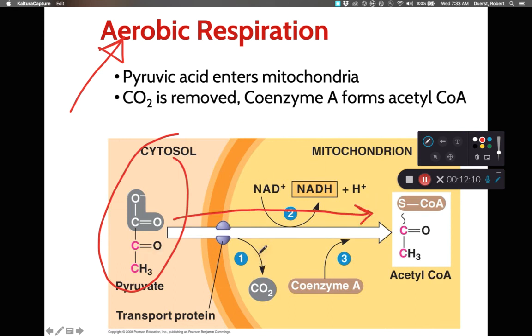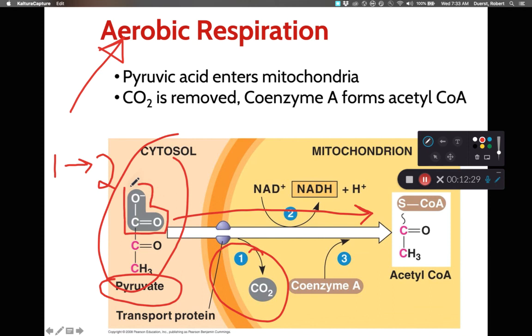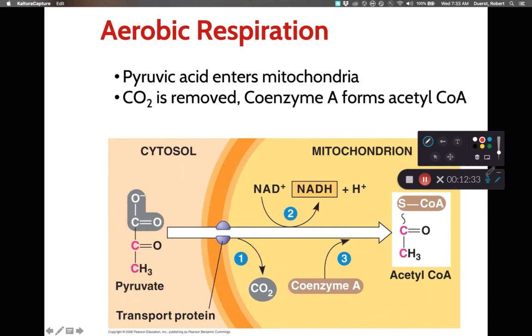And this is where we remove the first carbon. So remember, we started with one glucose molecule. That one glucose molecule got converted to pyruvic acids, or pyruvates, and then we take this carboxylic acid functional group off of the pyruvate, and it is cleaved off and turned into a carbon dioxide.